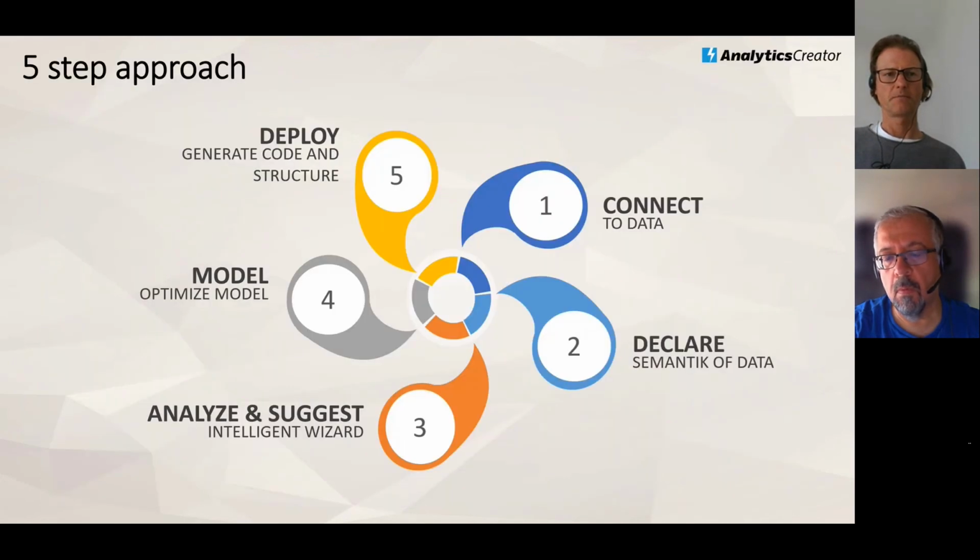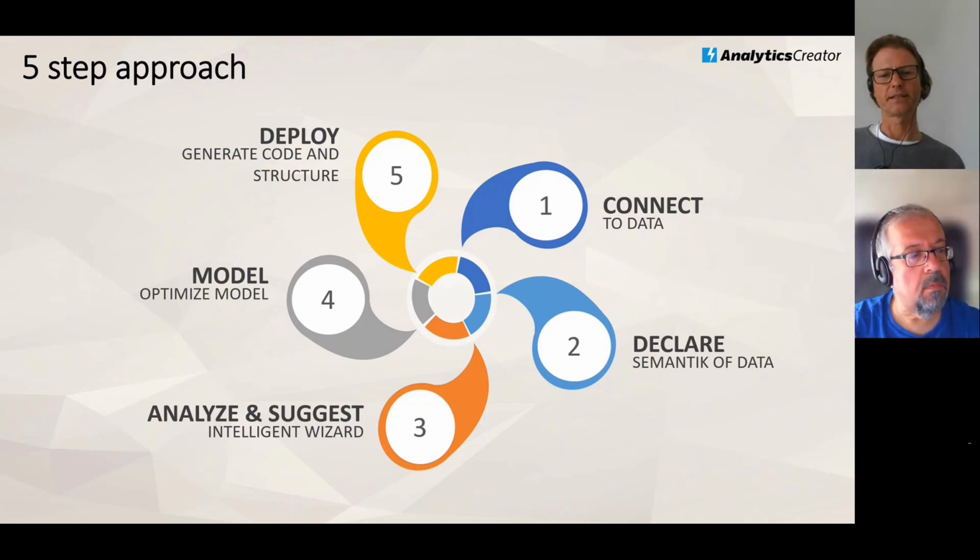Now we come to the 5-step approach. First of all, you have to connect to the data, and after that, the metadata will be imported automatically, and AnalyticsCreator finds out where the keys are, where the foreign keys are, and so on. If this is not possible, and it is not always possible, then you have to do this manually, in step 2.